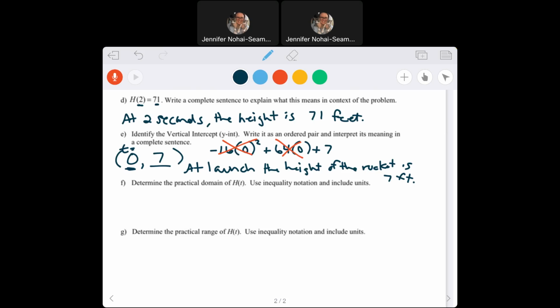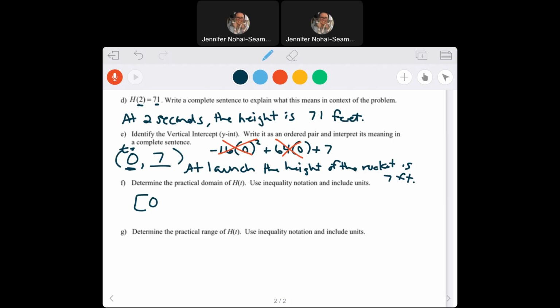All right, it says determine the practical domain of this thing. Okay, so at what time does this launch start? Well, it starts at 0, okay? And all of these rocket problems, kicking the ball, anything like that will always start at time 0, okay? And when did it end? When did the time end? When did it finally hit the ground?